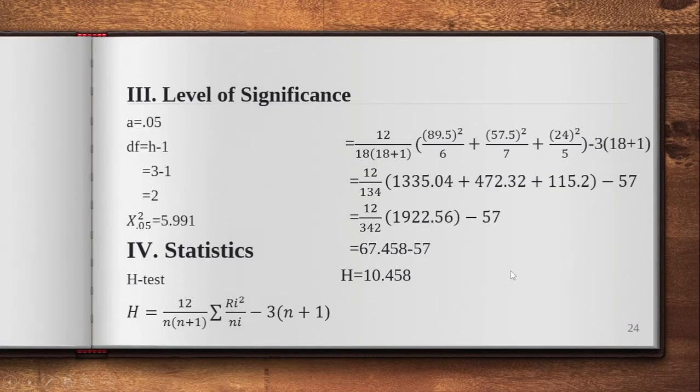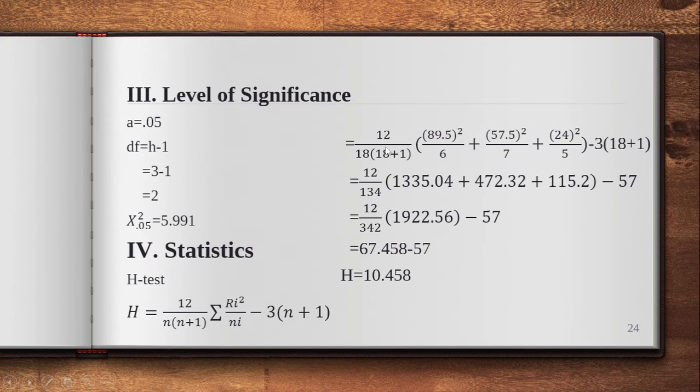Now, in level of significance, at 0.05, the degree of freedom is H minus 1, we have 3 methods, 3 minus 1 is 2, and the tabular value is 5.991. So, in the statistic, H test, ito po yung formula to be guided, ito po yung 12 over 18 times 18 plus 1.